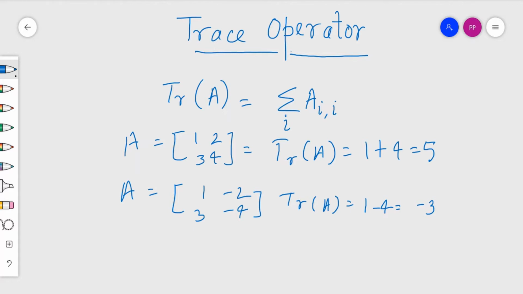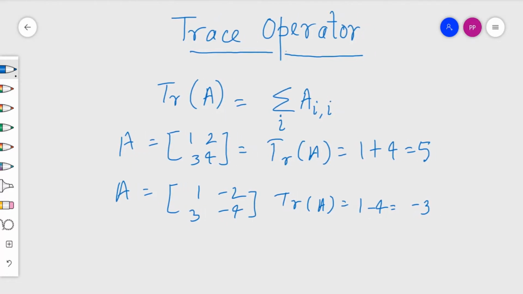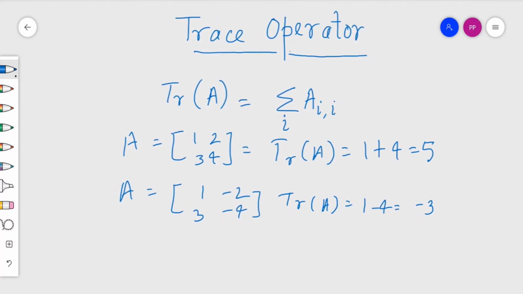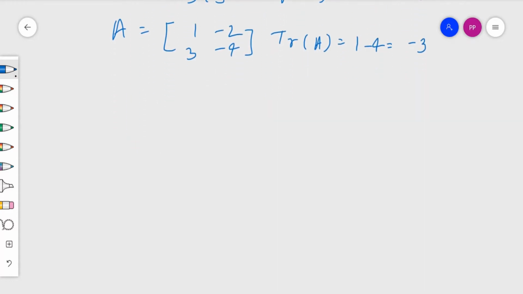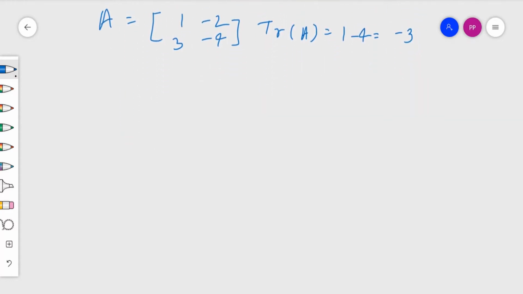Let us see a few interesting properties of the trace operator and understand them through examples. So we take the example of matrix A as 1 2 3 4. However, this can be generalized. Earlier we have studied the Frobenius norm.